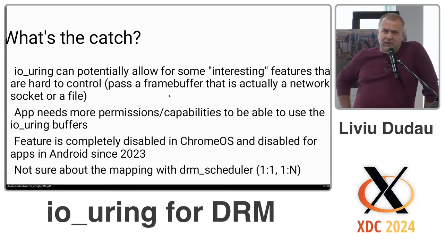One of the solutions is that we don't actually use io_uring, but we create an io_uring-like solution specific just to DRM, with just jobs for DRM in there. And I have no idea how the DRM scheduler is going to play with this. Is it going to be mapped one-to-one, one-to-n, none at all?